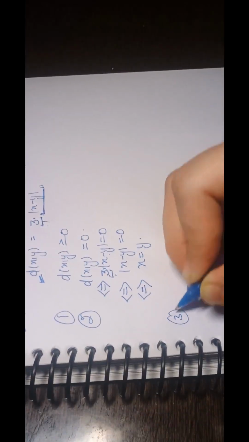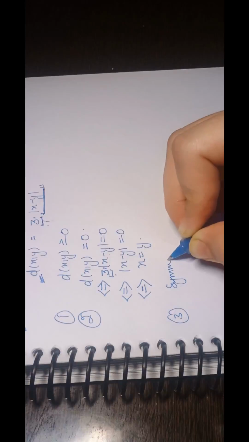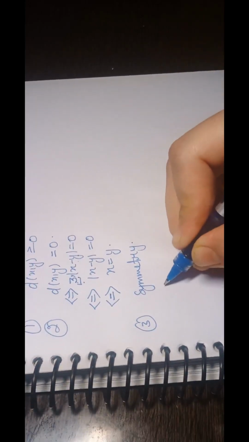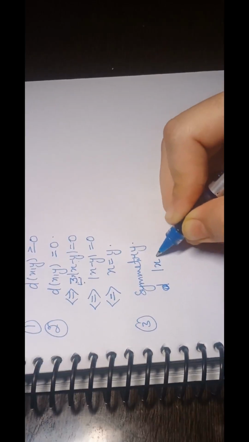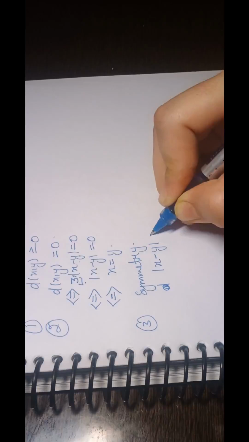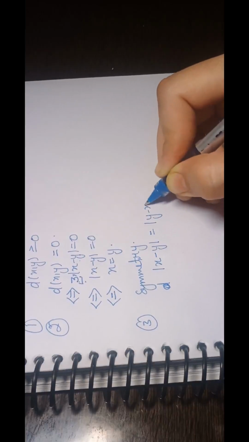Third is symmetry. We know from the usual metric that mod of x minus y is the same as mod of y minus x.